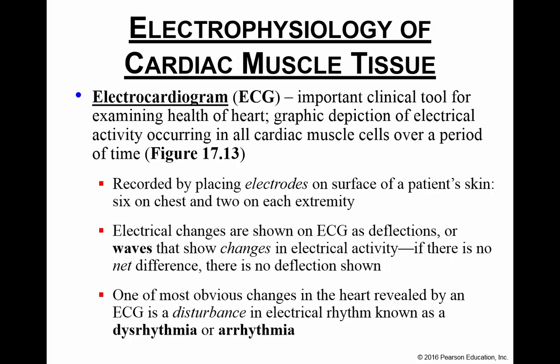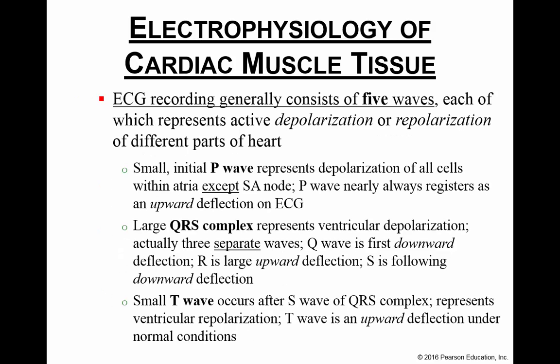You have 6 on your chest and 2 on each of your extremities. And it shows waves or deflections that show changes in electrical activity. And you can detect easily if there's any disturbance or arrhythmia or dysrhythmia, if the rhythm of the heart is not what it needs to be.